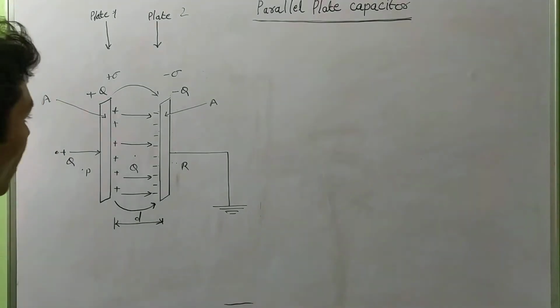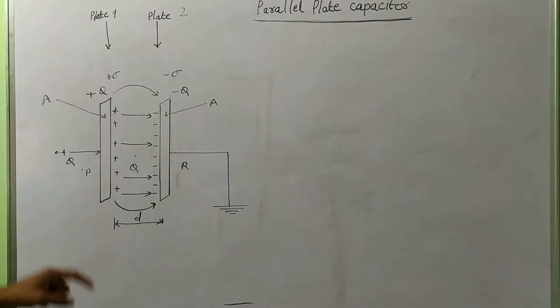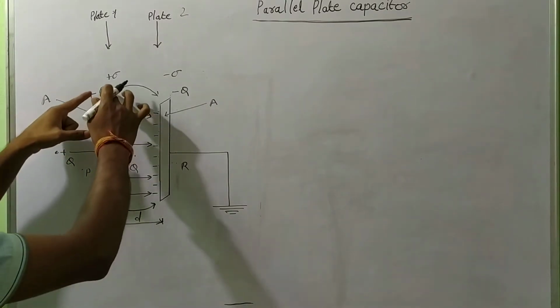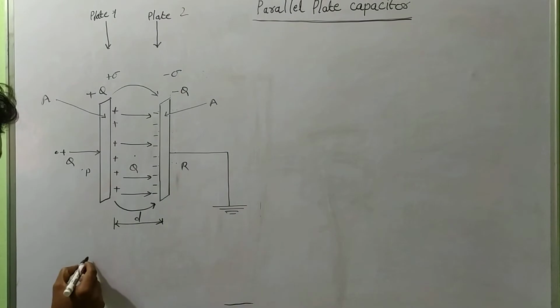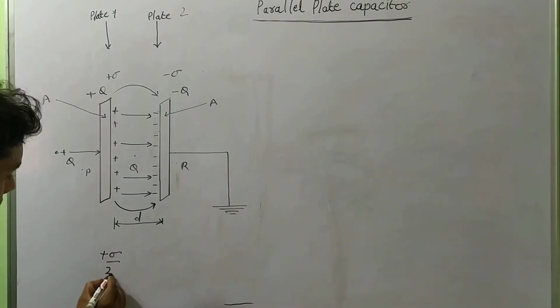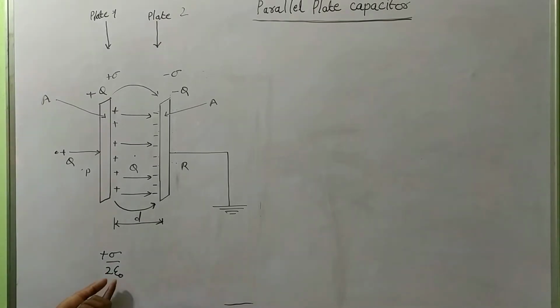Now we have to find the electric field. Let the electric field at point P due to the first plate be plus sigma upon 2 epsilon naught. Where is this formula from?